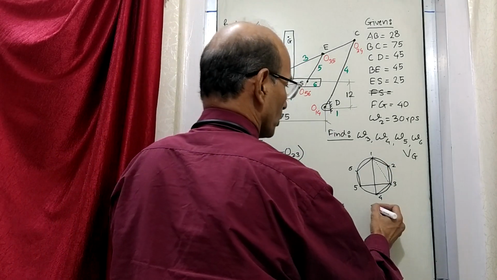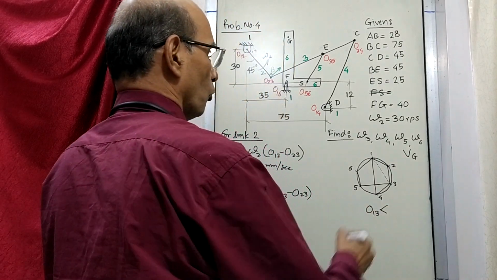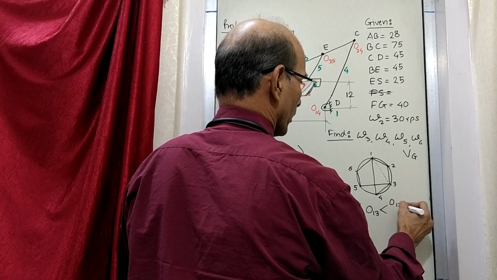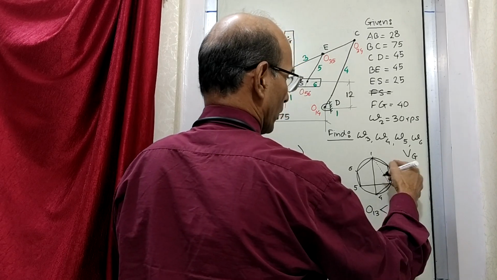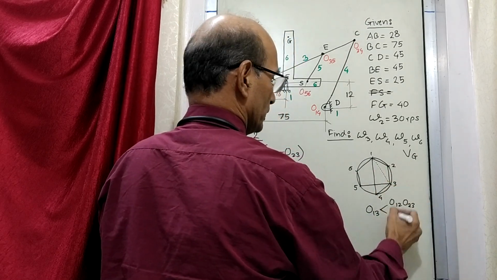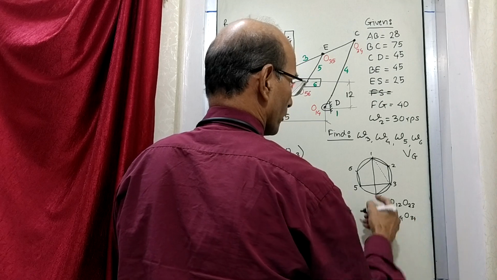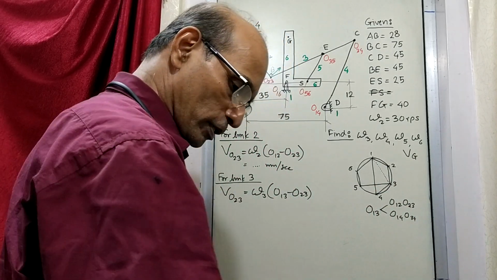Now for 1 3, what do we write? O12 and O23 are one pair, then O14 and O34. So let's do this.